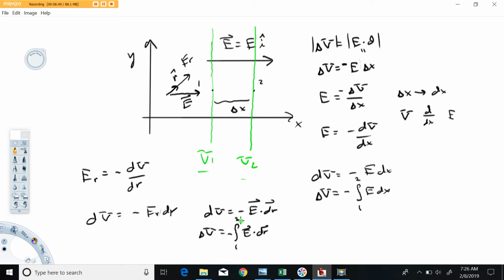Finding electric fields and electric potentials is pivotal to the understanding of electricity and the mechanics of electricity. So again, it's a derivative and integral relationship. If you know the electric potential, differentiate it with respect to some direction, and that gives you the electric field. If you know the electric field, integrate across position, E dot dr from 1 to 2, and that tells you the difference in potential.